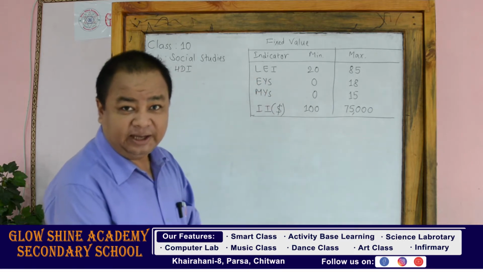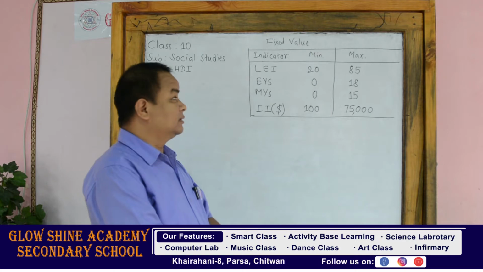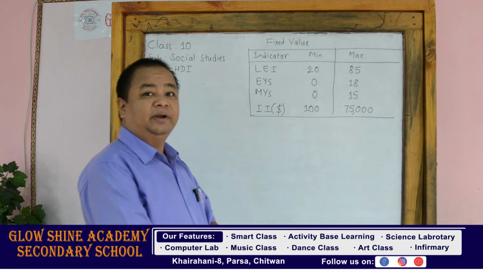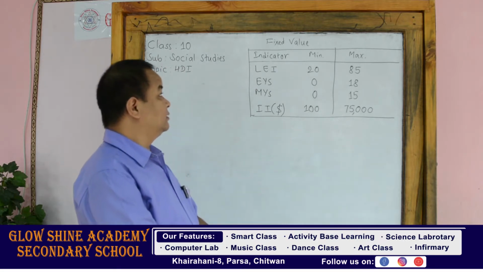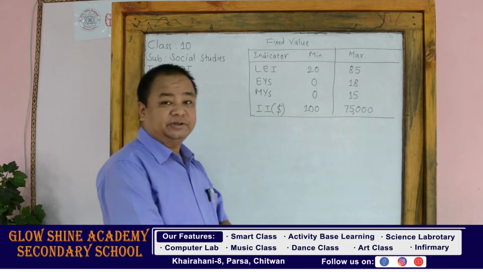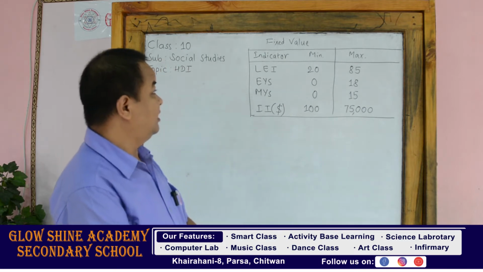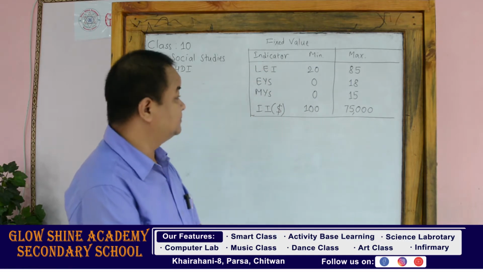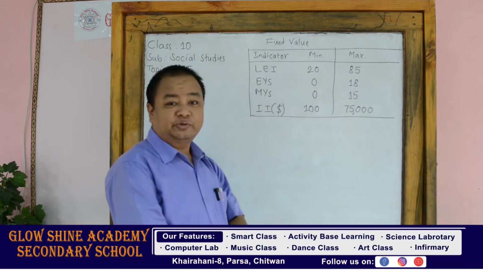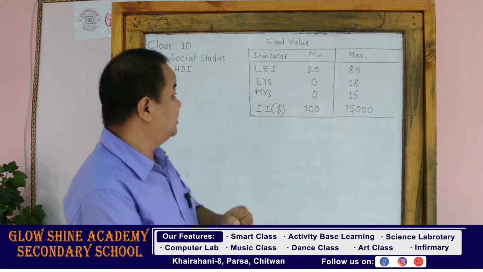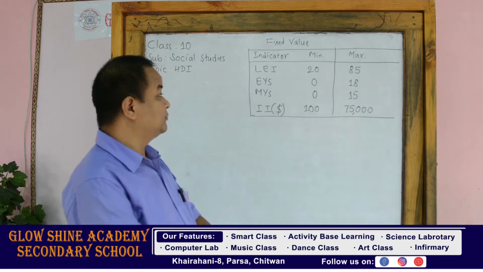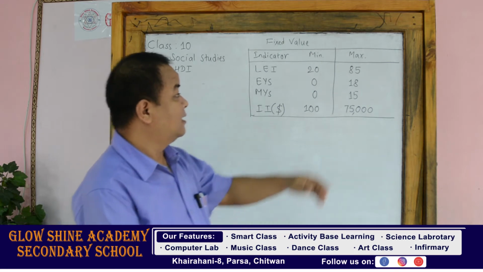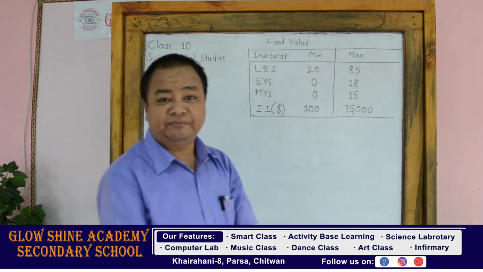These fixed values are applied while calculating the SDI of any country. The first indicator of SDI is LEI, life expectancy index. Its minimum value is 20. While calculating the life expectancy indicator, we should use the minimum value 20 years and maximum value 85 years.